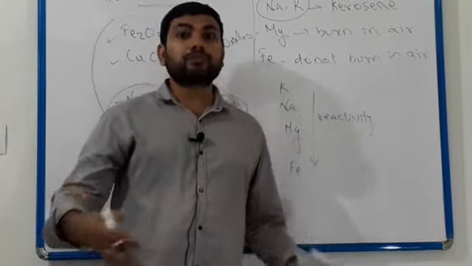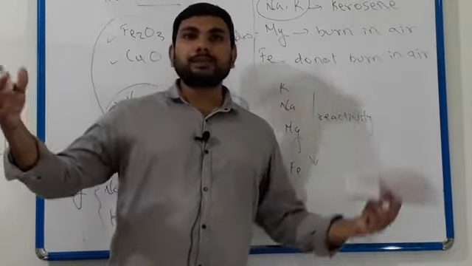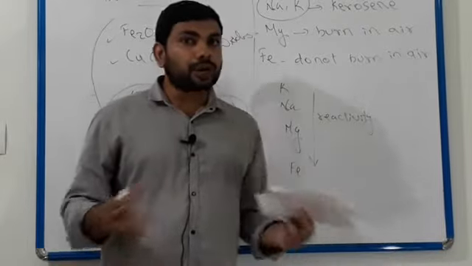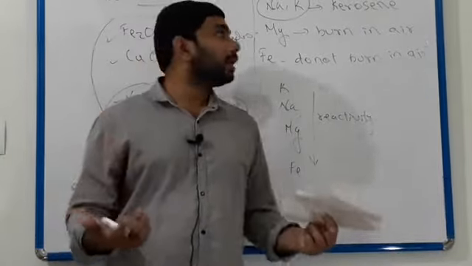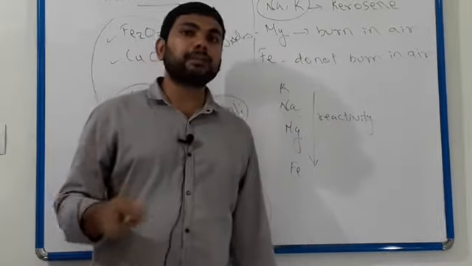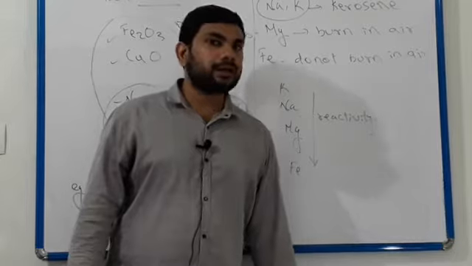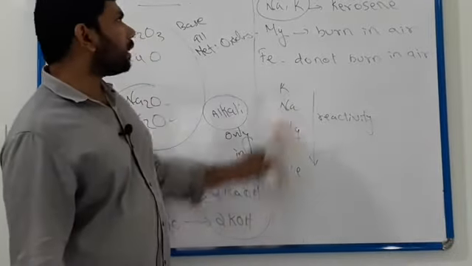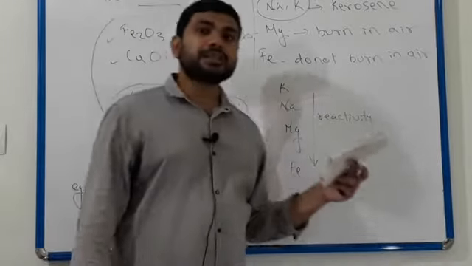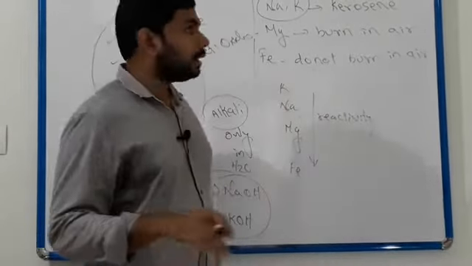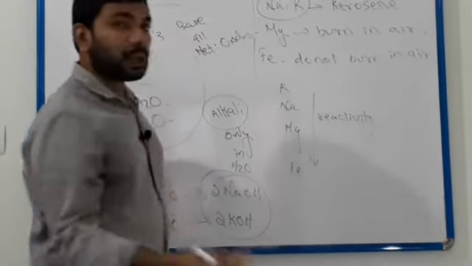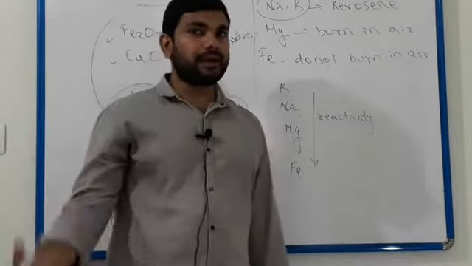They react rapidly with the oxygen present in the air, with no need for heat. Without heating, they react with the oxygen. Clear? That's why sodium and potassium are kept in kerosene, because we cannot keep them in open air.